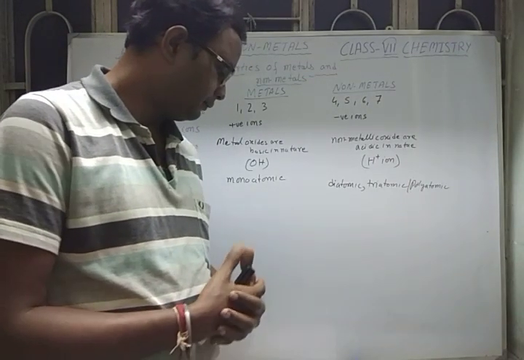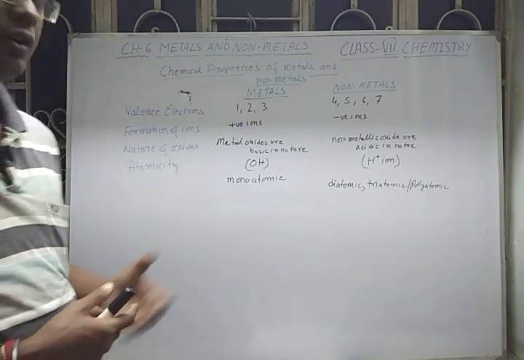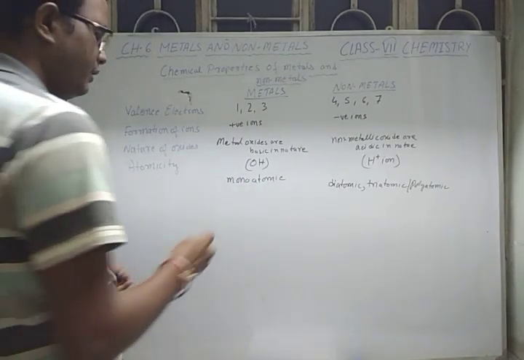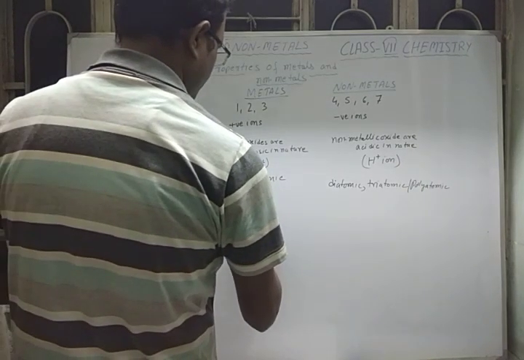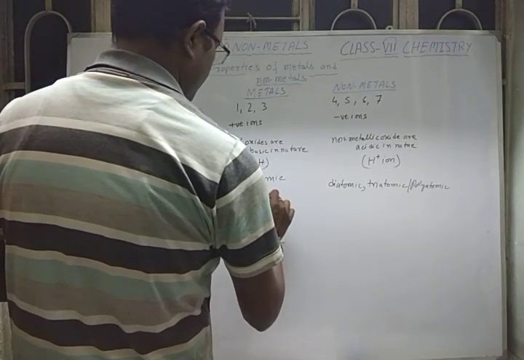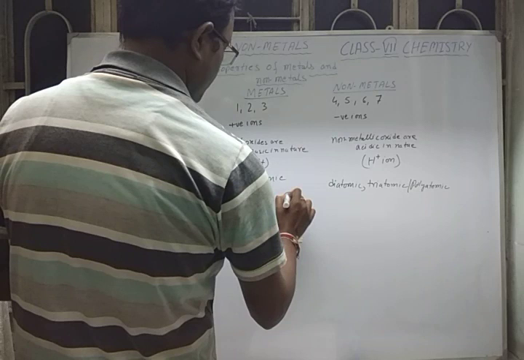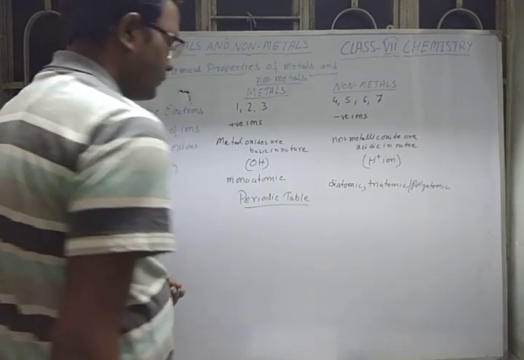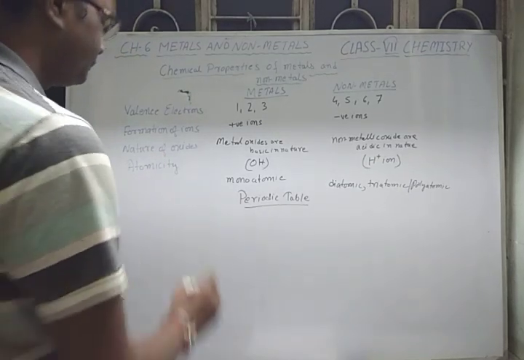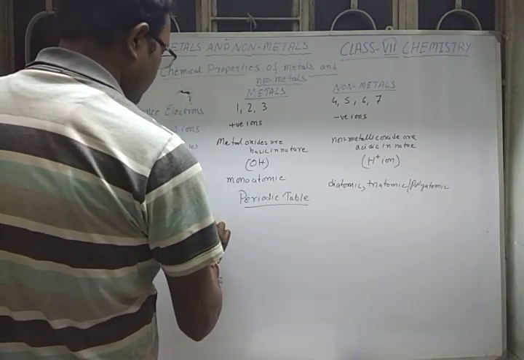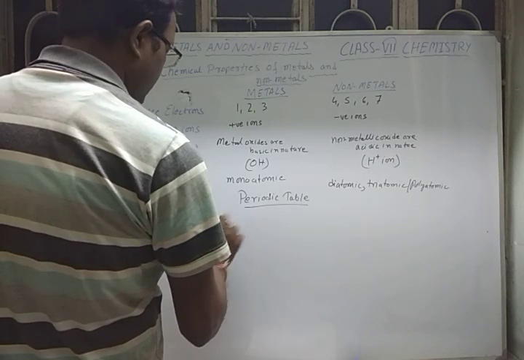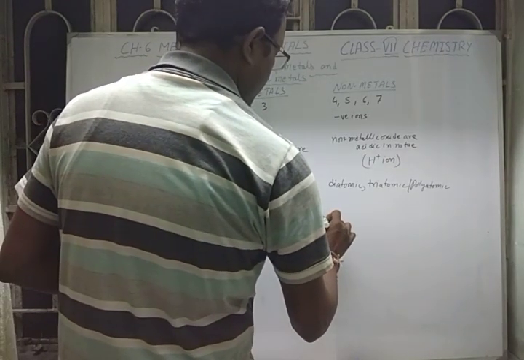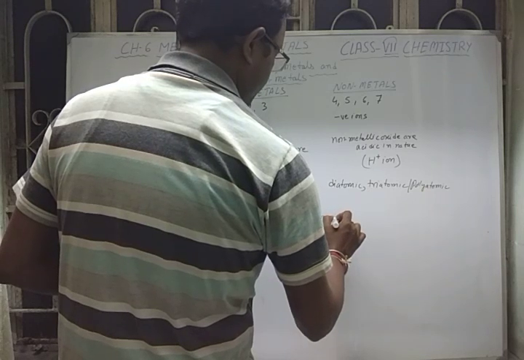In the periodic table, the position of metals is on the left side of the periodic table and non-metals are on the right side of the periodic table.